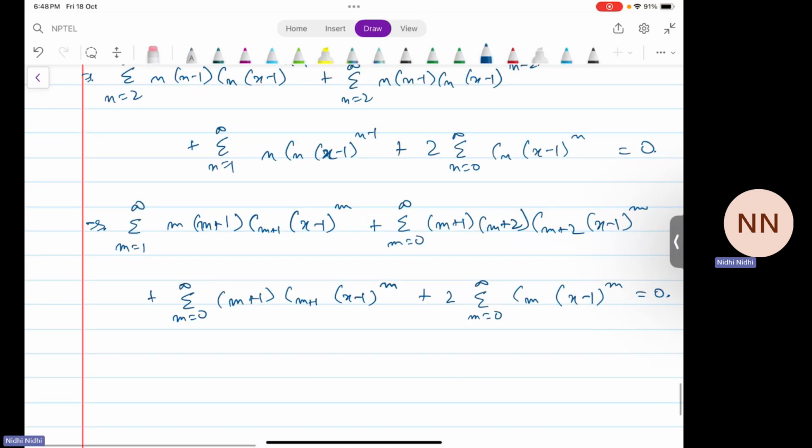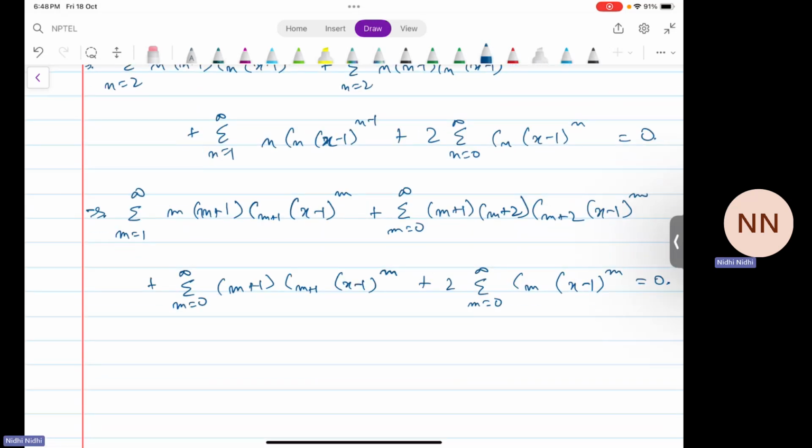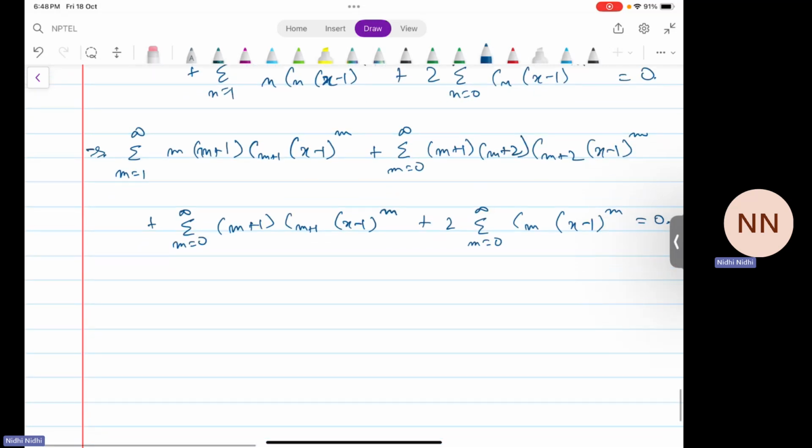So now let's take the extra part of the series starting from 0 separately, so that the rest of the terms we can club into one series from m equals to 1 to infinity. So this gives us 2c2 plus c1 plus 2c0 plus summation m from 1 to infinity.